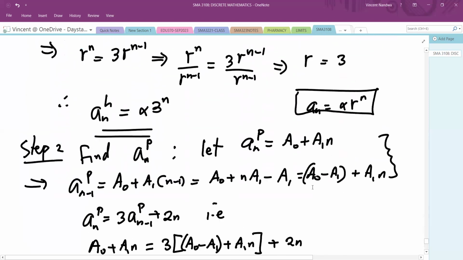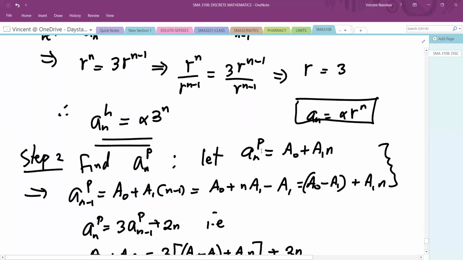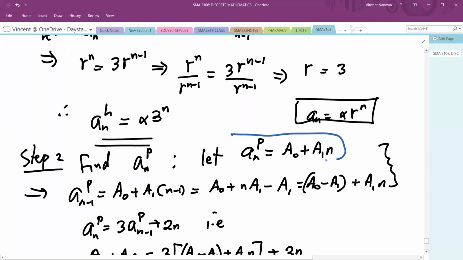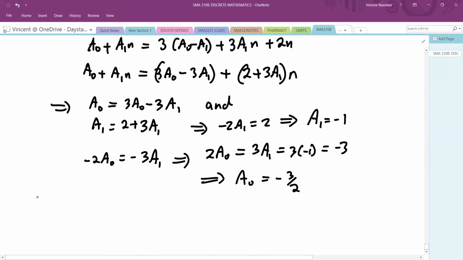Therefore we have the particular solution, replacing the values of a0 and a1 into the structure of the particular solution. So the particular solution is a0, which is minus 3 over 2, plus a1, which is minus 1, times n: minus 3 over 2, then minus n.